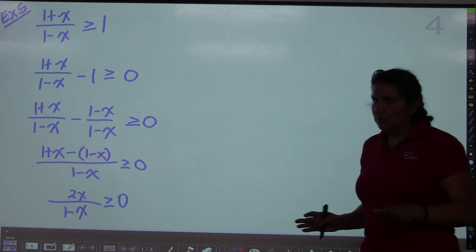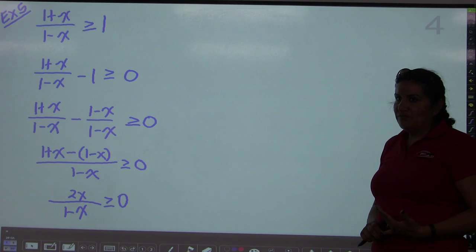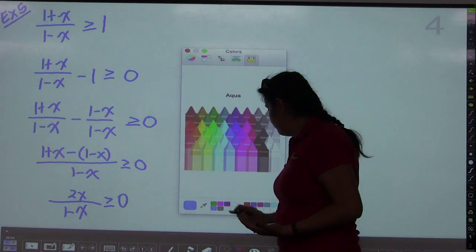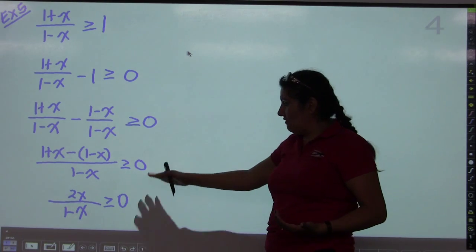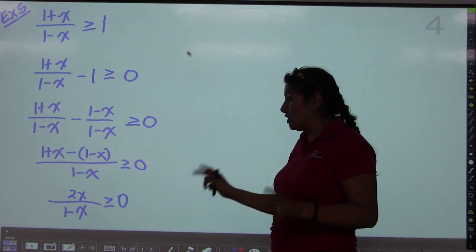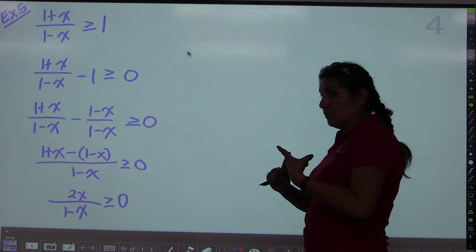So all we've done so far is simplify the original problem. Now we need to find critical numbers. And for a quotient like this, where you have a division happening in a rational expression, for critical numbers, you need to do the top and the bottom equal to 0.